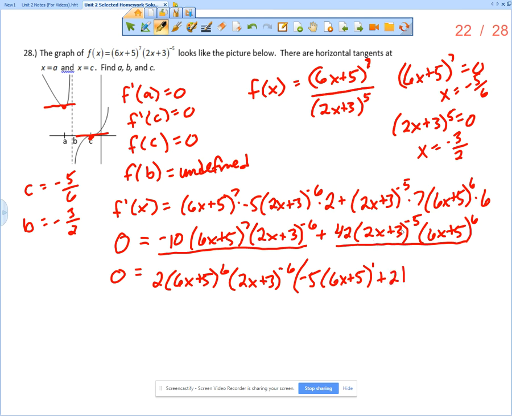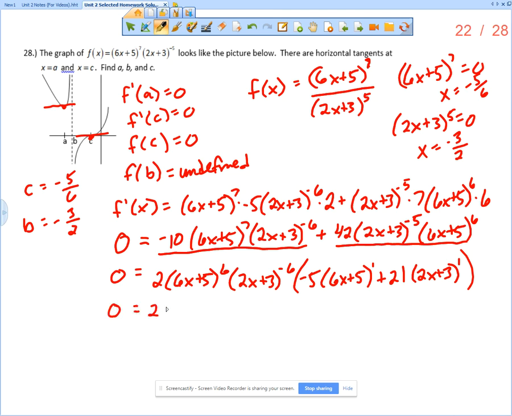And I had (2x+3)^-5, but I took out (2x+3)^-6. So that means I have (2x+3) to the what? It would be the 1st, because when I distribute, negative 6 plus 1 is negative 5. And I had (6x+5)^6 and took (6x+5)^6 out. So this is what I'm left with. Now I'm going to simplify that part.